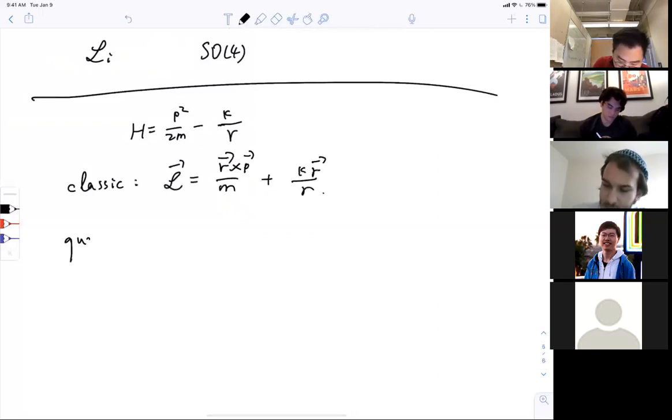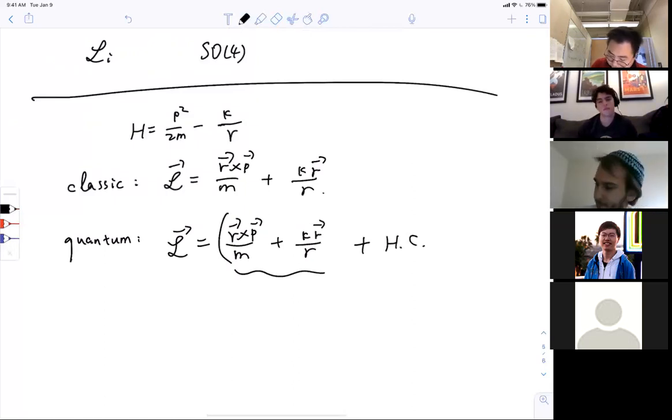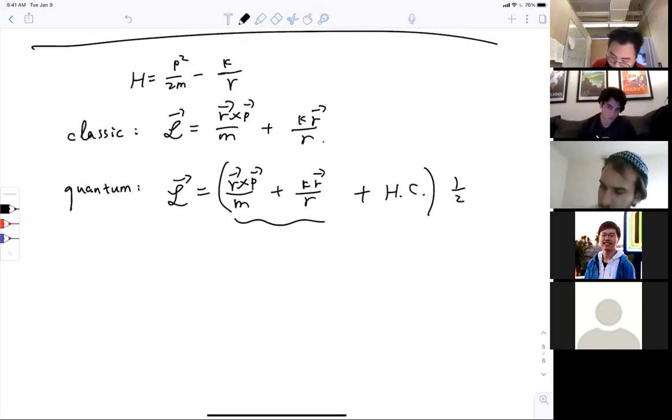Now at the quantum level, we can also define a kernel L operator. Let's ignore this hat. To do that, we cannot just write down this because this is not Hermitian. So we can add the Hermitian conjugate and divide by 2. This is the usual trick we do, right? And so this part, the Hermitian is given by.